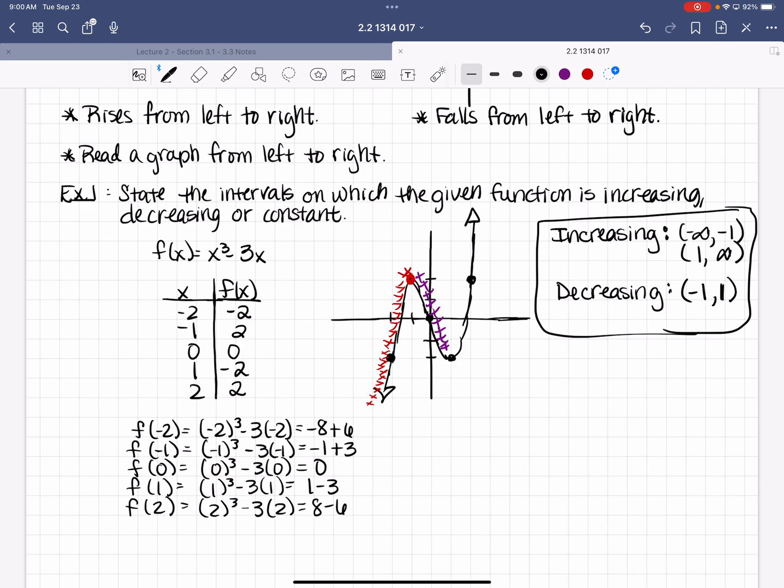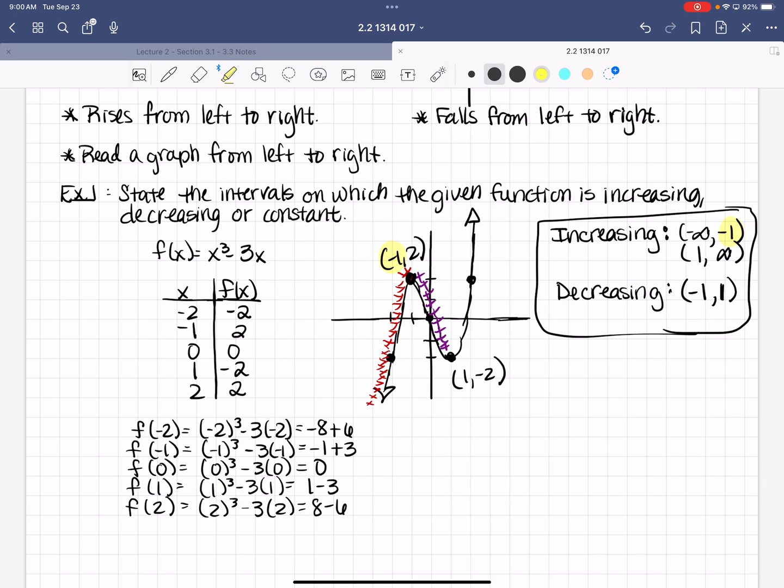This point right here is -1, 2. And this point right here at the change is 1, -2. So that -1 comes from this right here.